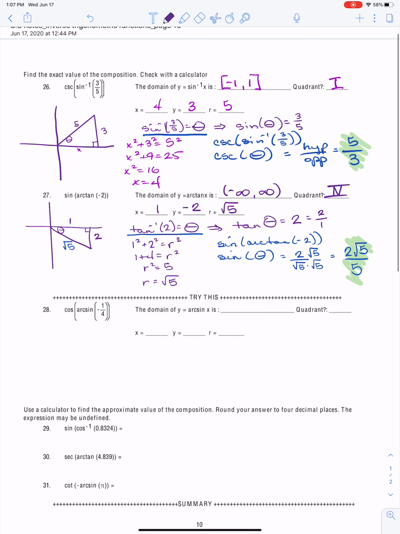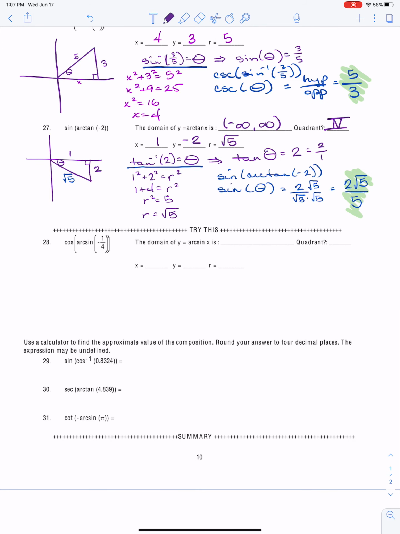Number 28, the domain of arcsine, inverse sine, is -1 to 1. Here our arcsine is negative, so again we're in quadrant 4. And so here's our theta.